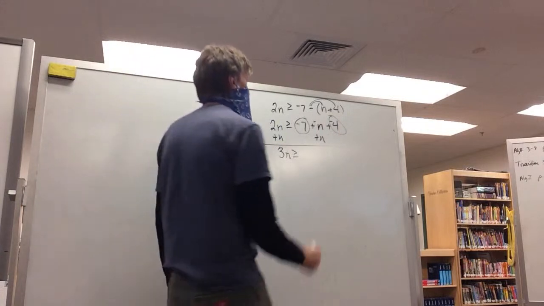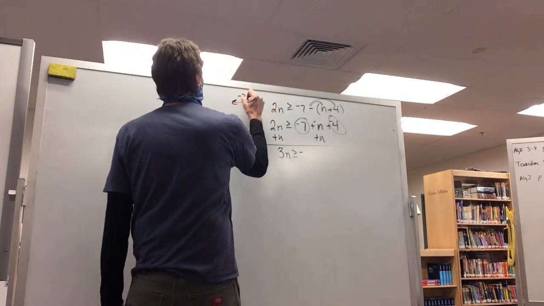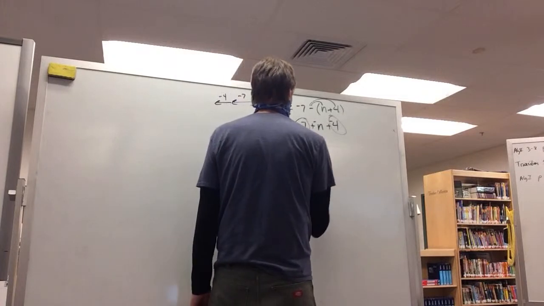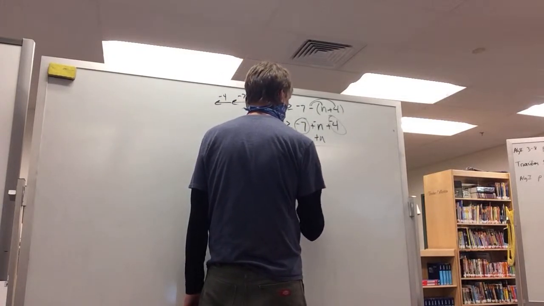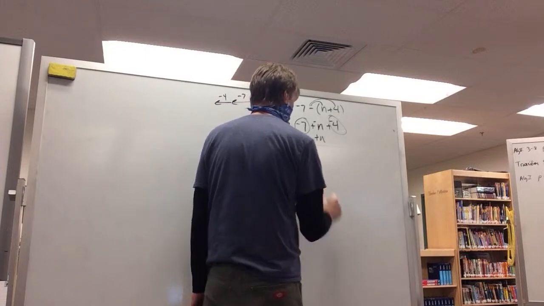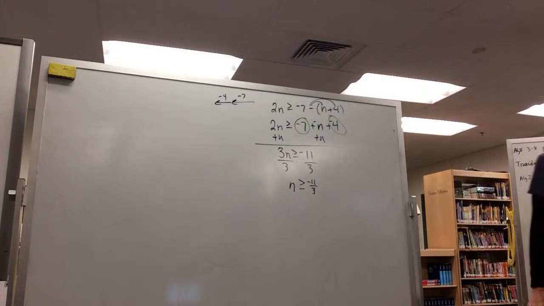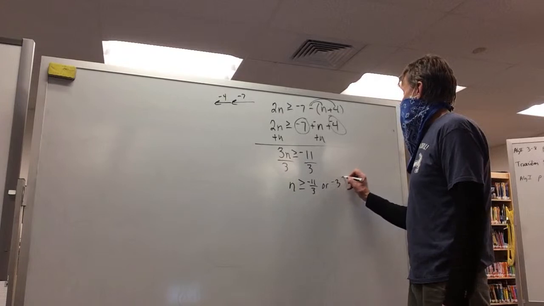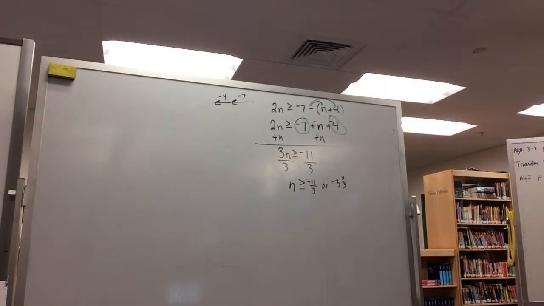Negative. How much? Negative. Well, if you went negative 7, and now you go negative 4, it's a negative 11. Then when we divide, we don't have to switch the direction. So this is negative 2 and, I'm sorry, negative 3 and 2/3. The negative 11/3.